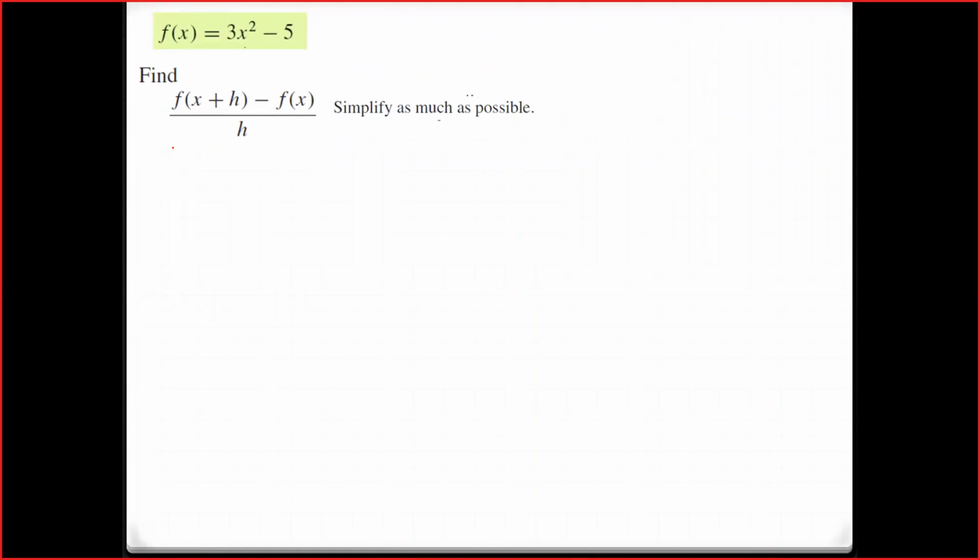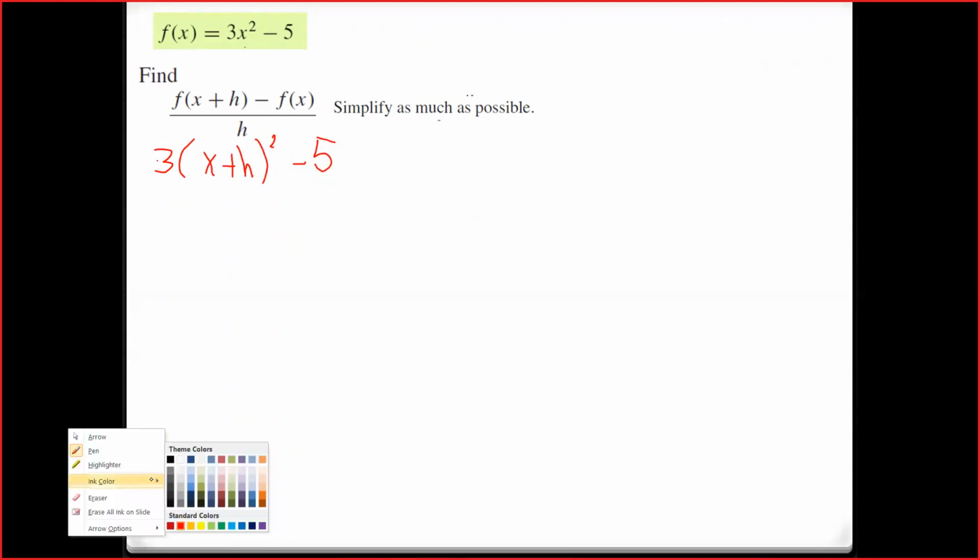Now, let's start with the first one. f of x is 3x squared, but f of x plus h will be 3 times x plus h squared minus 5. This is for f of x plus h.